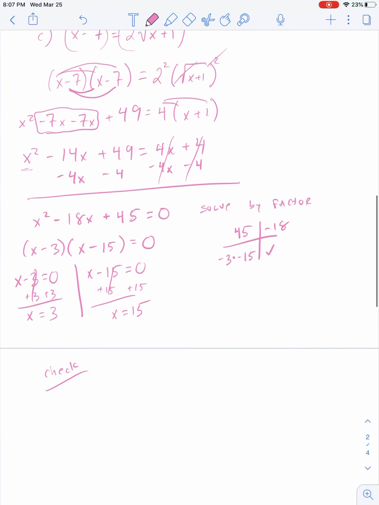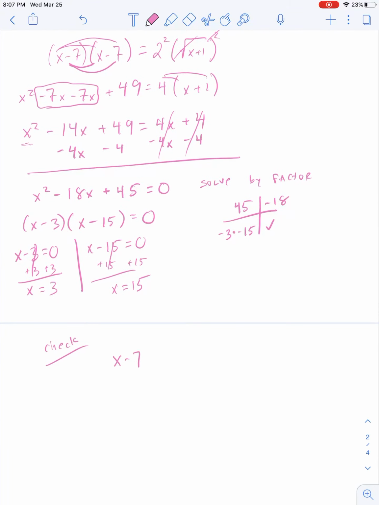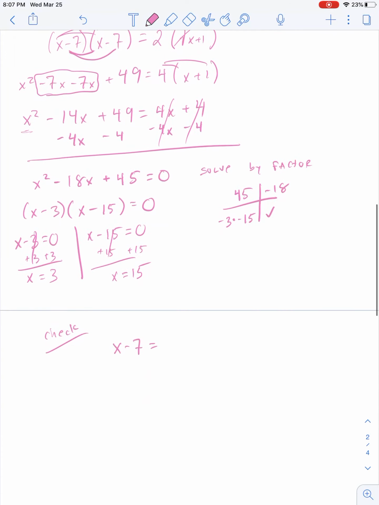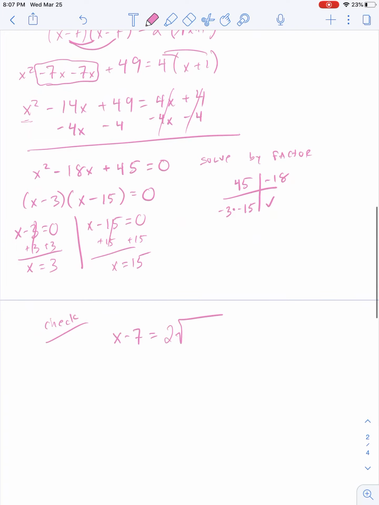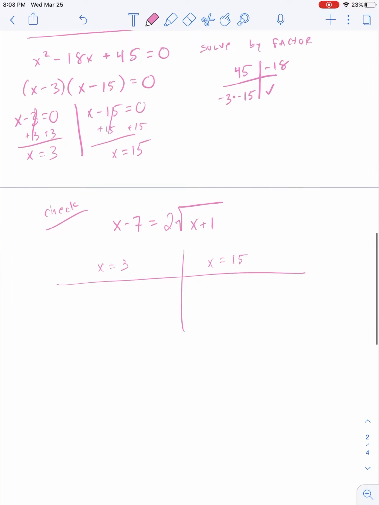All right, once again, our original problem was what? X minus 7 equals 2 square root of x plus 1. Right, so we're going to check it for x is 3. We'll check it again for x equals 15.